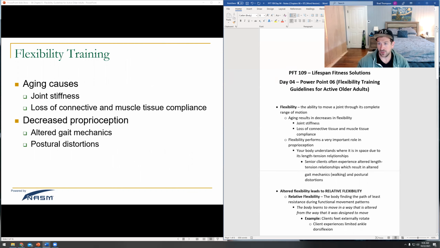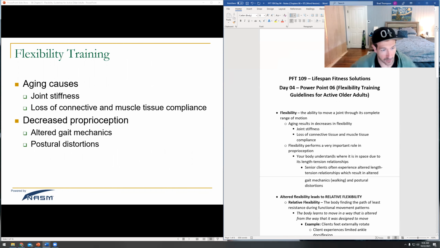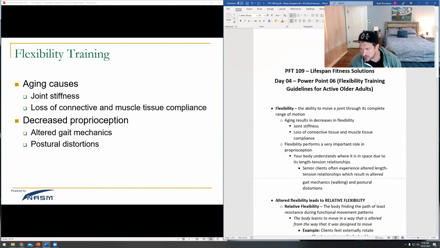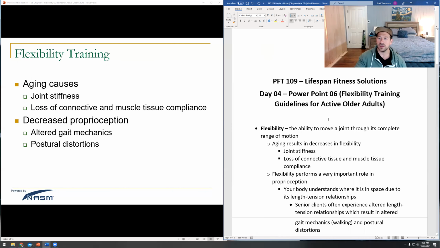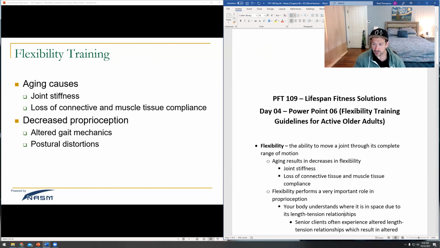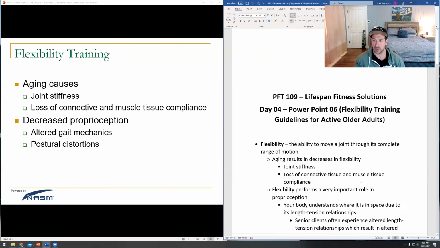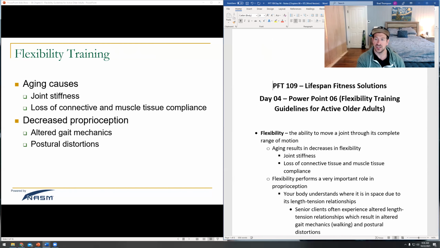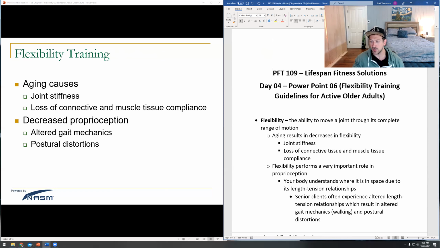So let's go ahead and define flexibility first before we actually start moving through all this. Flexibility is going to be defined as the ability to move a joint through its complete range of motion, right? So that's the idea here, right? We want to be able to move a joint through its complete range of motion.